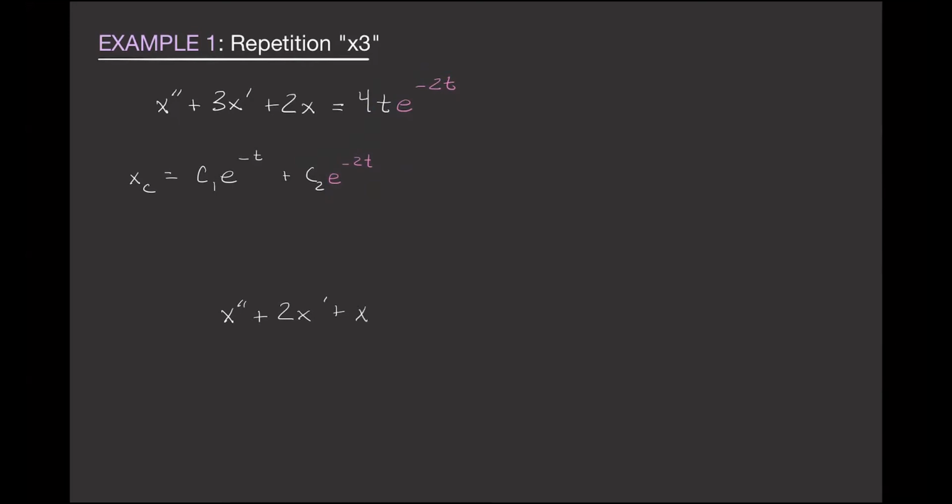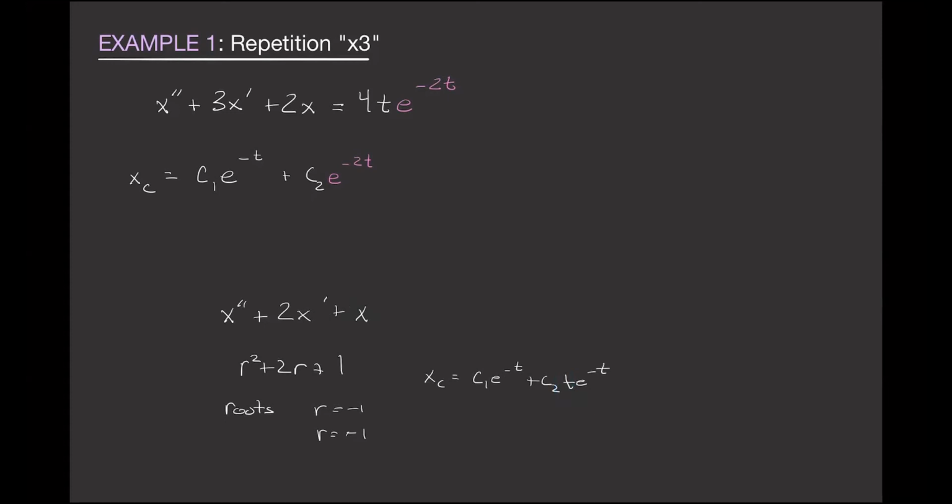If you look at that, you would have a characteristic polynomial of r squared plus 2r plus 1. That has roots of negative 1 twice. If that was the case, what you would do is you would write your complementary solution as being c1 e to the negative t plus c2 t e to the negative t.